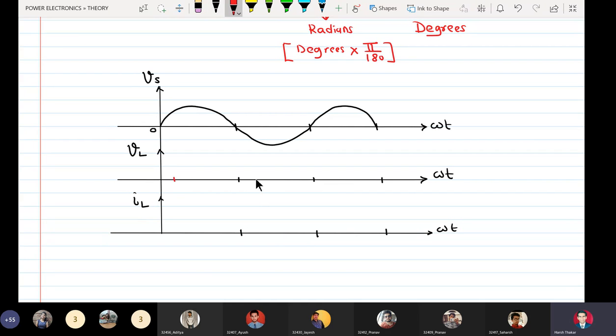Marker for alpha, pi plus alpha, 2 pi plus alpha. Same here.